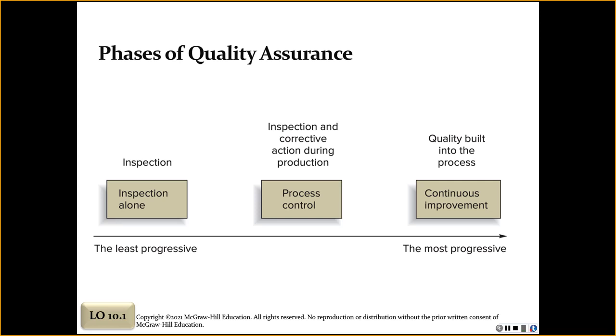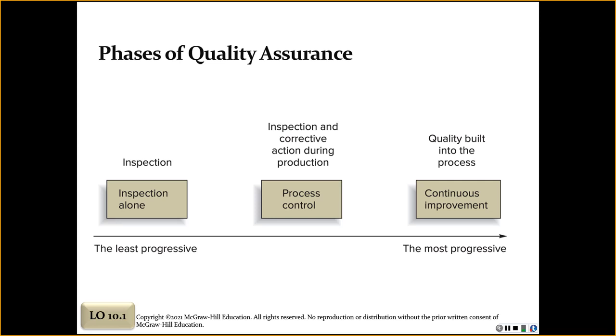Many companies occupy a middle ground, which is inspection and corrective action during production. That involves inspecting, and if there's a problem, they correct it right then and there. That way it doesn't move on to the customer, and the customer doesn't really see any effect.